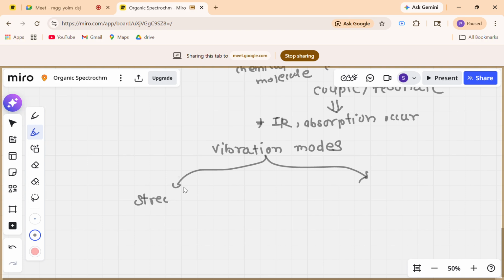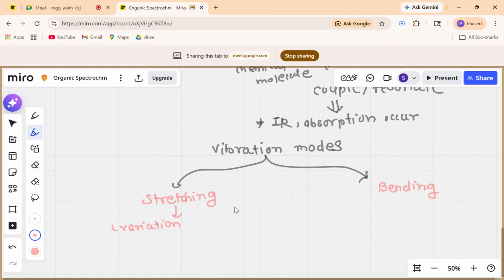The first one is the stretching vibration, and the second one is called the bending vibration. Okay, so what does stretching mean?